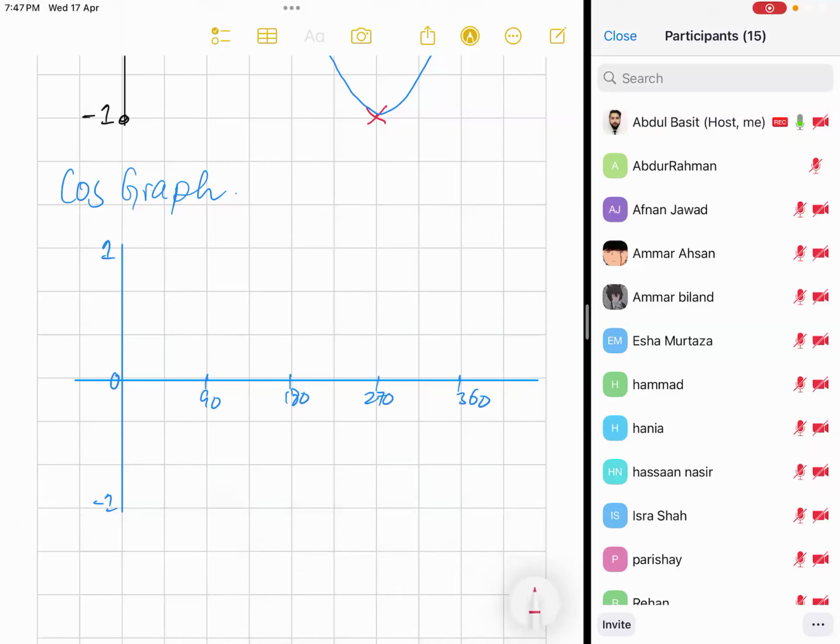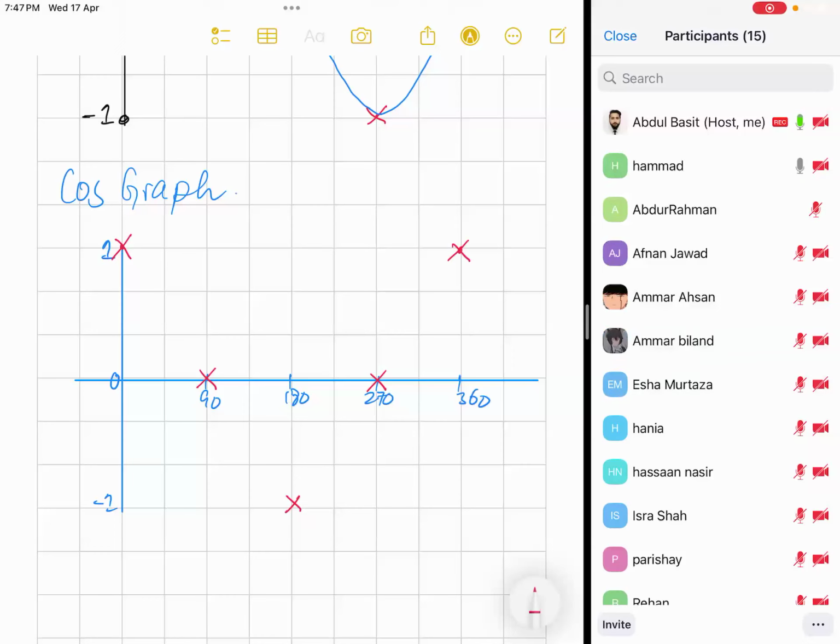Cos 0 is 1, yes or no? Cos 90 is 0, yes or no? Cos 180 is -1, yes or no? Cos 270 is 0, yes or no? And cos 360 is +1.